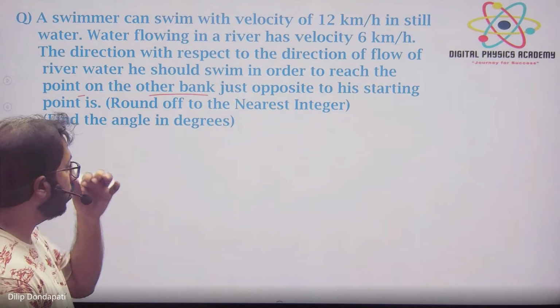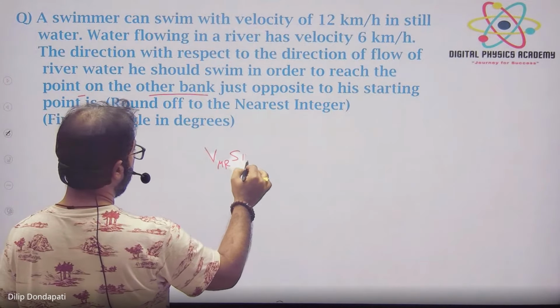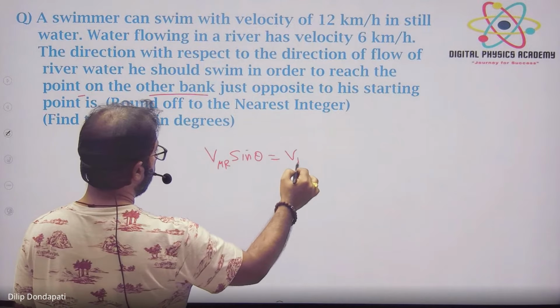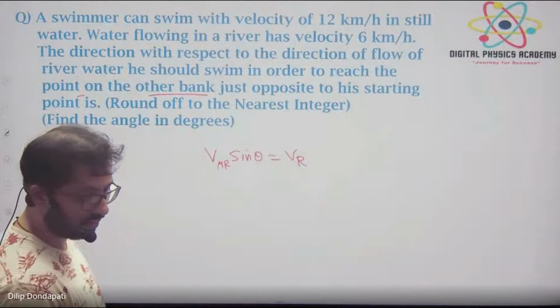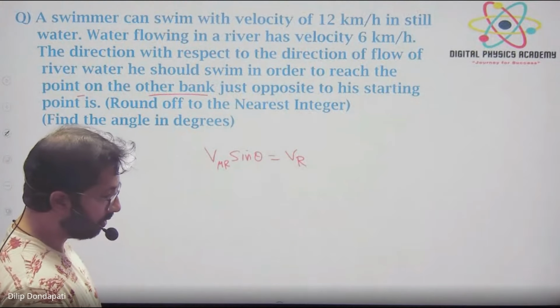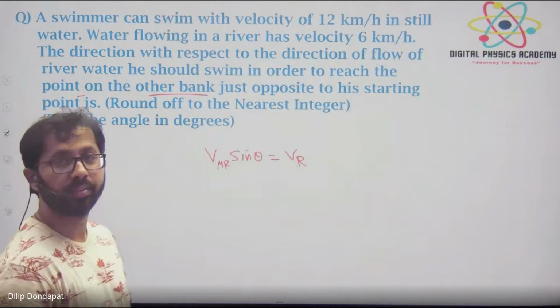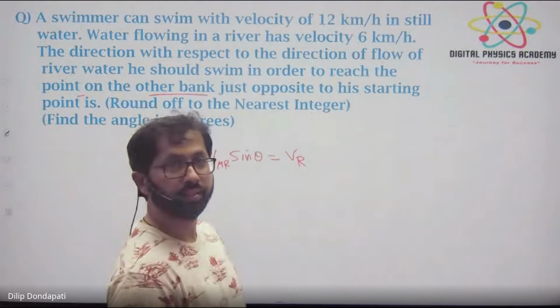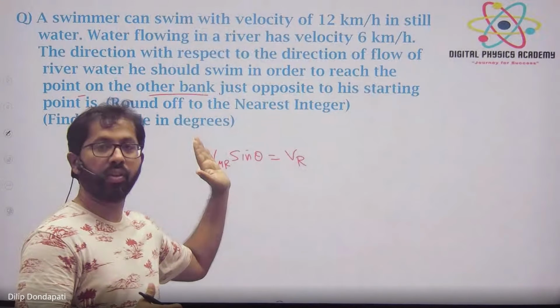Find the angle. हाँ, कितना? How much you got, Krishna? Sir, sin theta is 30 and with respect to river flow total angle means nothing but 90 plus 30, 120.